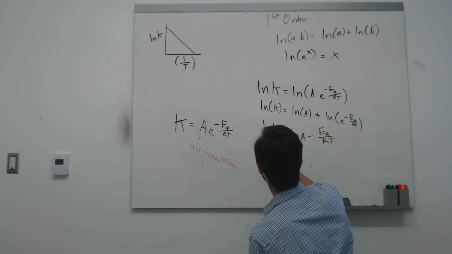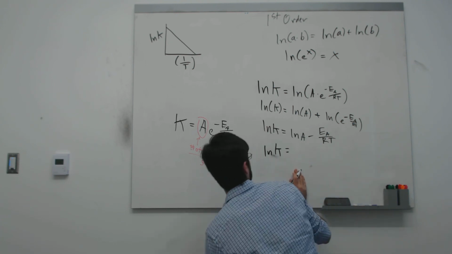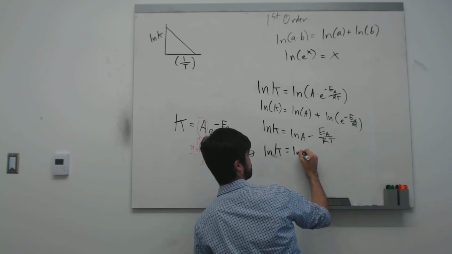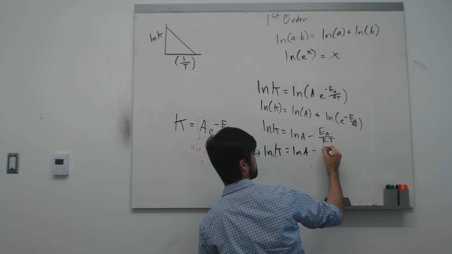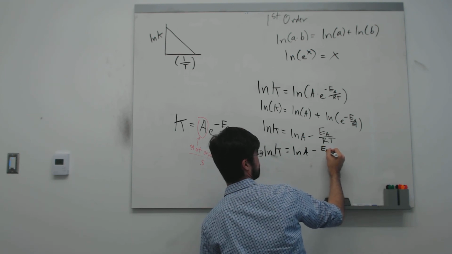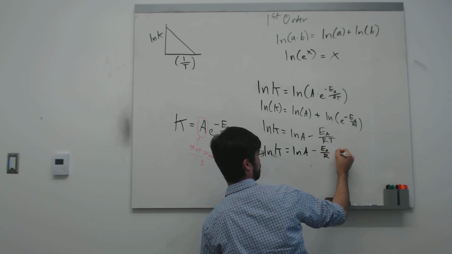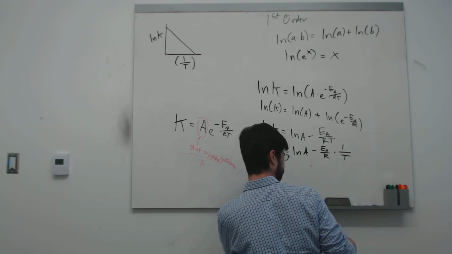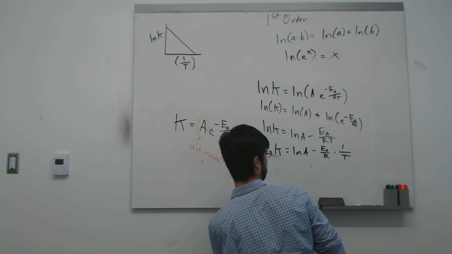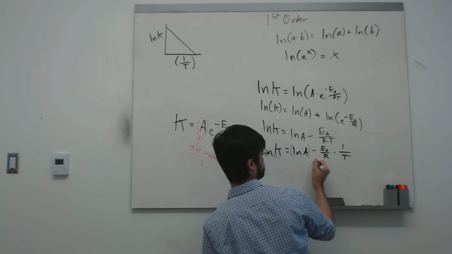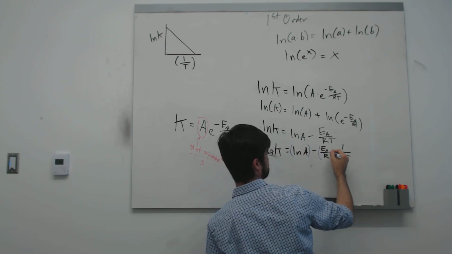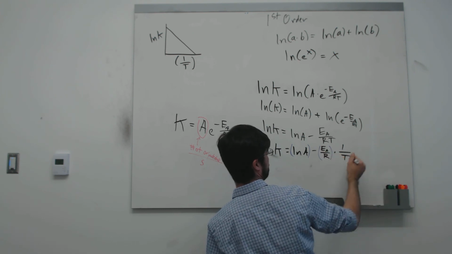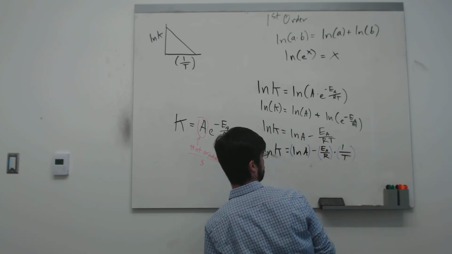So I have natural log of k is equal to natural log of A minus activation energy over R times 1 over temperature. I'm going to break this down a little bit more. Here's one term, here's another term, and then here's another term.